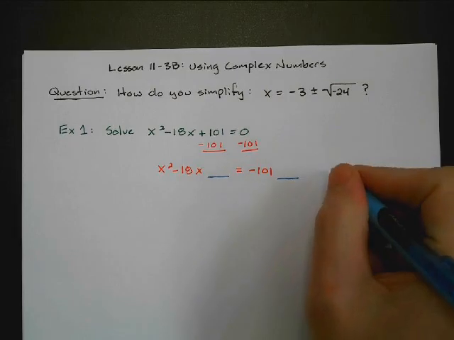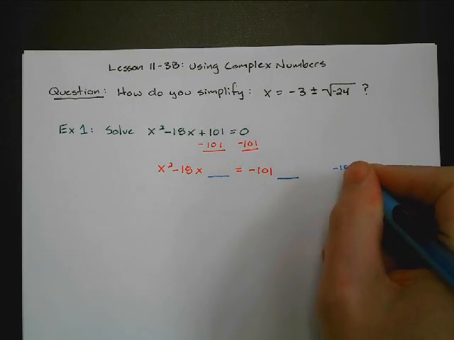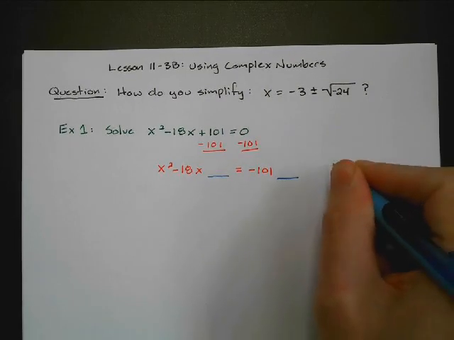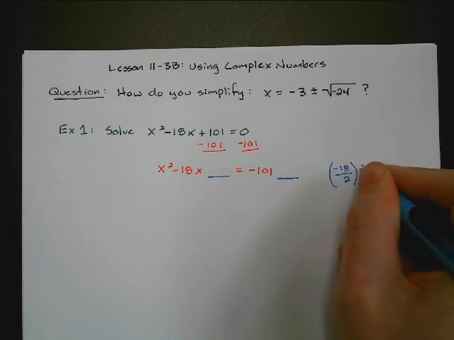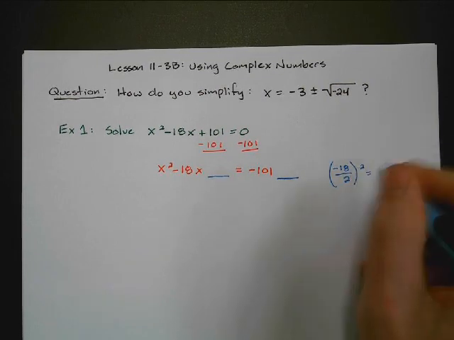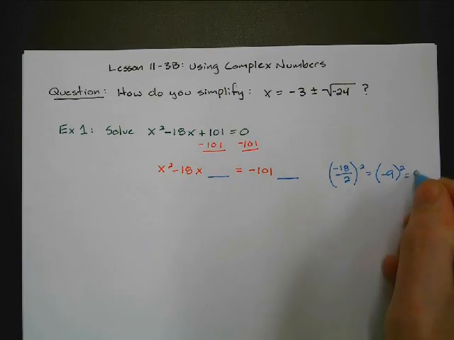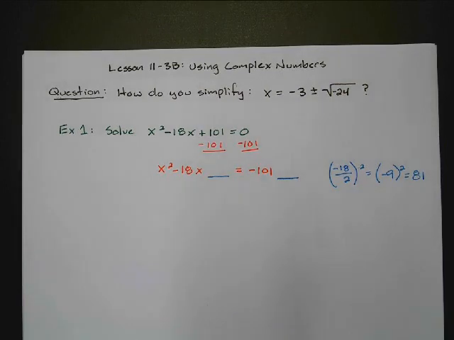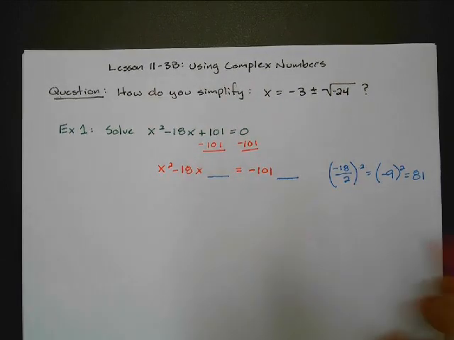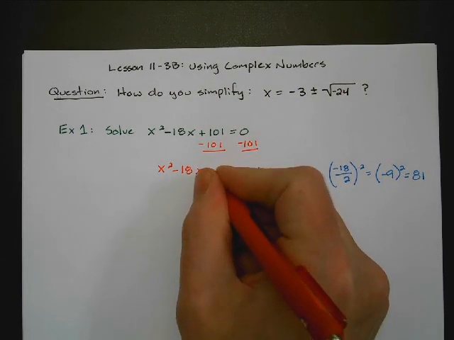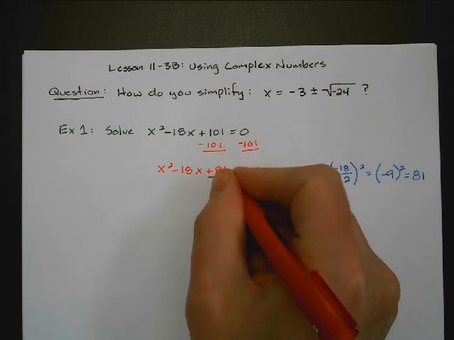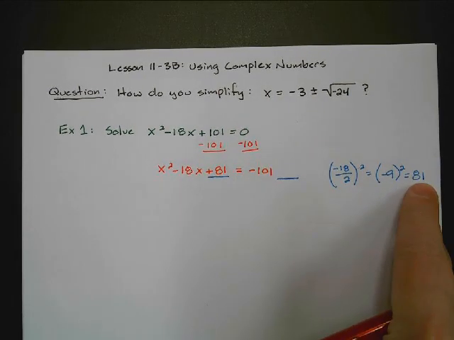So I'm going to take -18, divide by 2, and square it. -18 divided by 2 would be -9, and if I square it, I would get 81. So 81 is the number that I will be adding to both sides. Remember, you always add a number to both sides, because when you square it, it's always going to be positive.